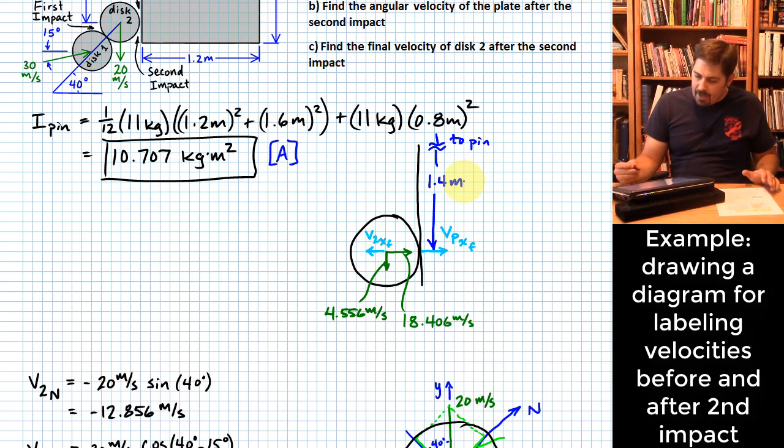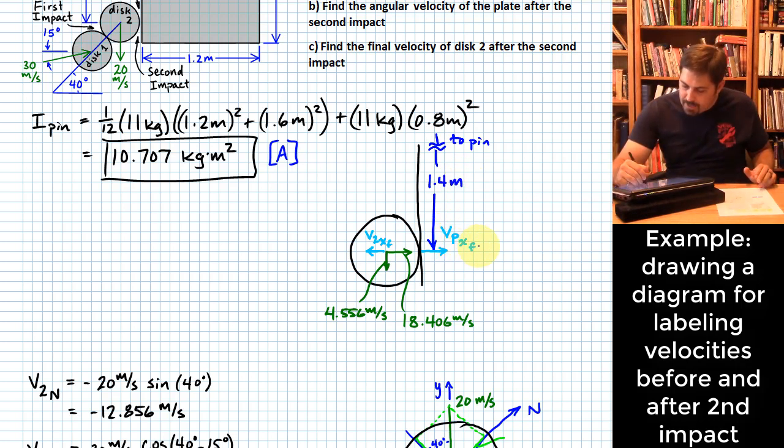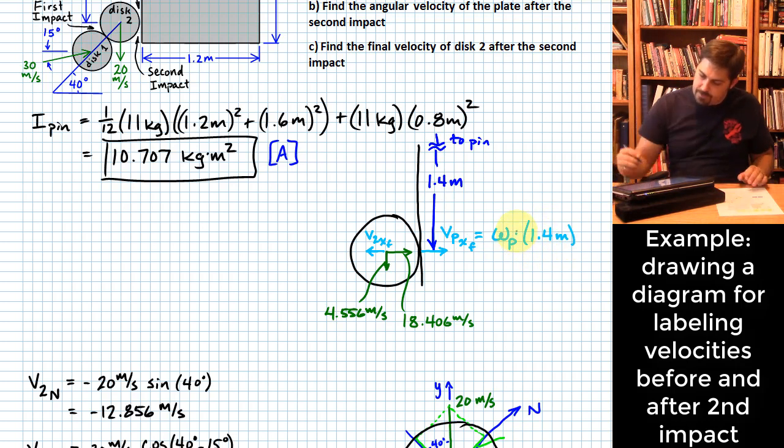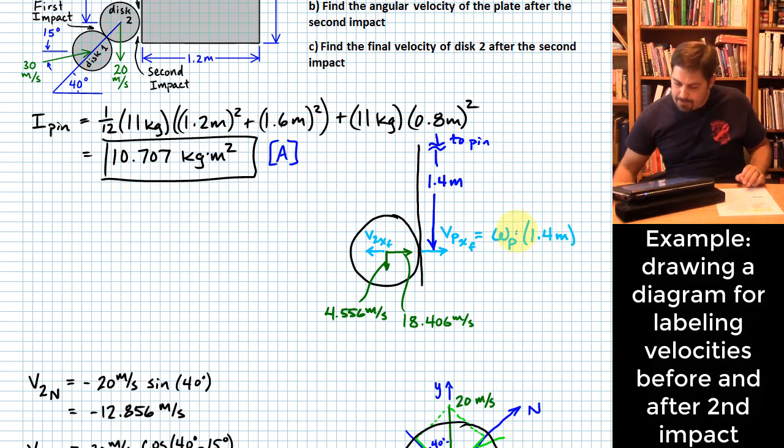So because of that, I can do a relationship between VPXF and whatever omega this body has around that pin. Let me do it this way. VPXF is really just going to be equal to the omega of the plate, let me call it omega sub p after this thing has begun to move, times 1.4 meters.